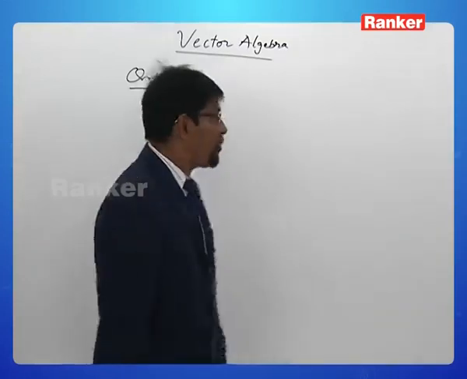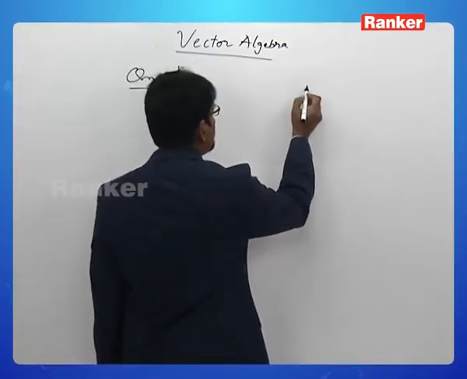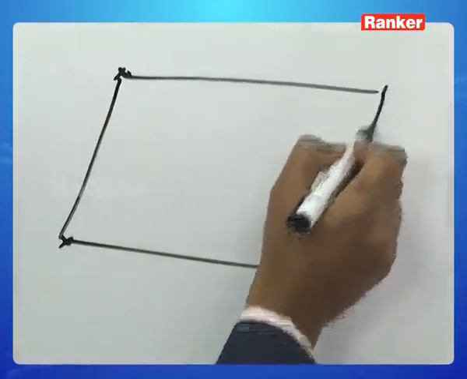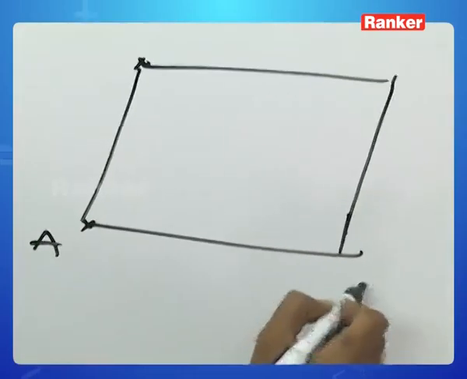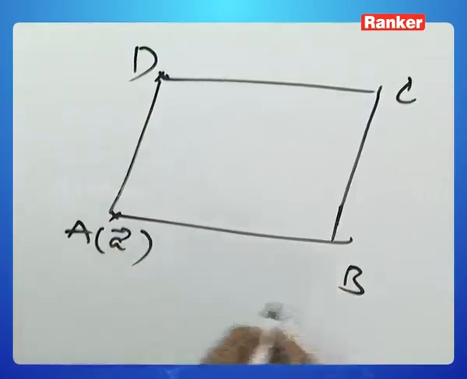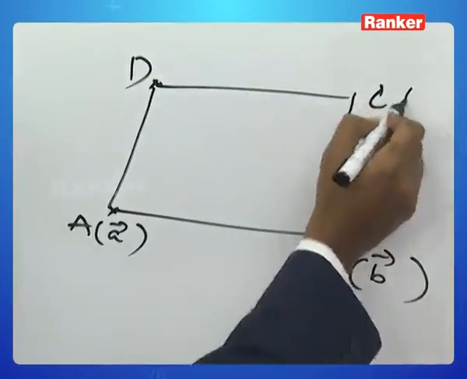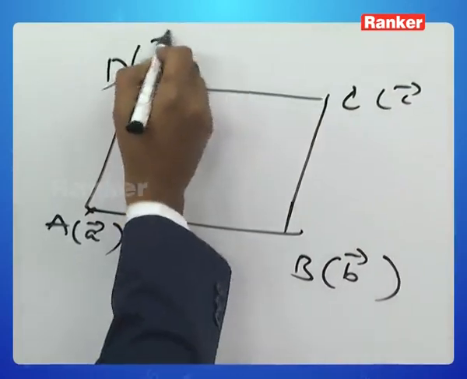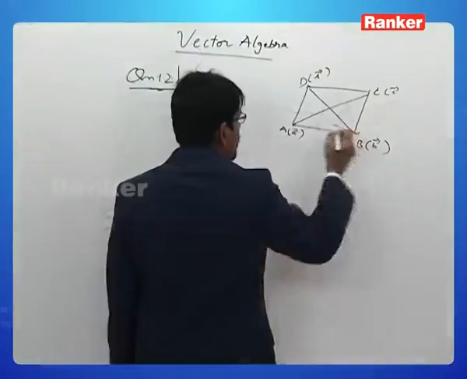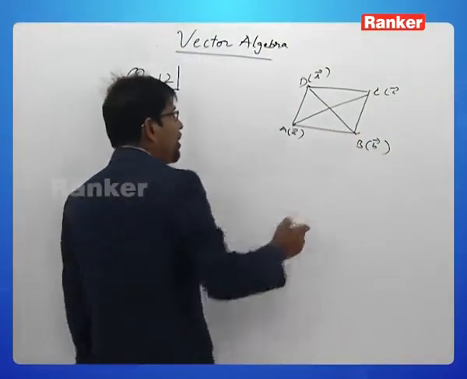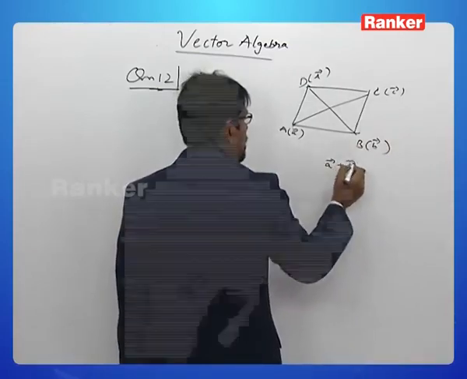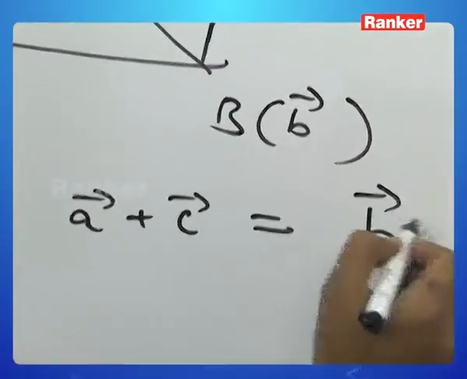parallelograms. Now for 4 points to be forming a parallelogram, suppose you have a parallelogram, the position vectors of the parallelogram are a bar, b bar, c bar, d bar. The diagonals of a parallelogram bisect each other. So this is necessary and sufficient. What is that? A bar plus c bar should be equal to b bar plus d bar.